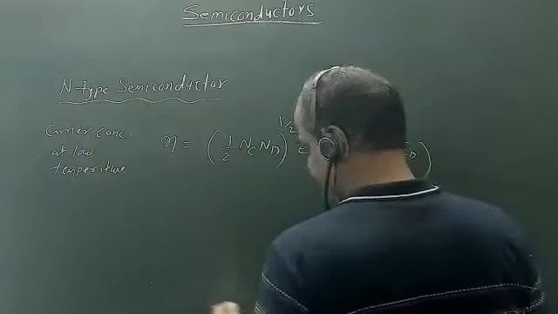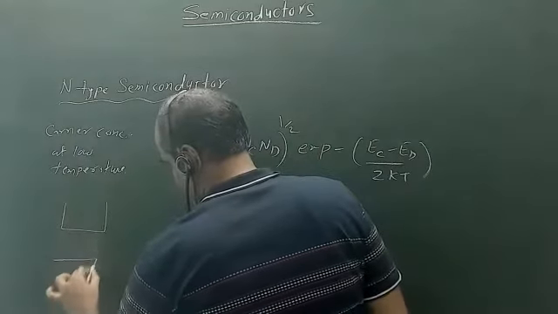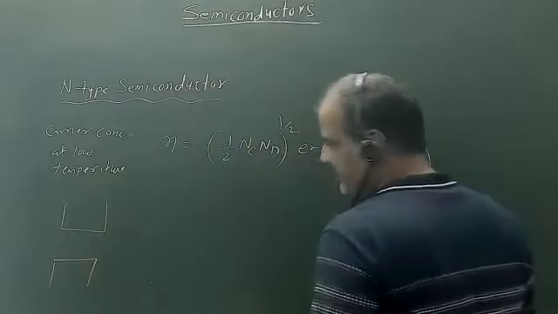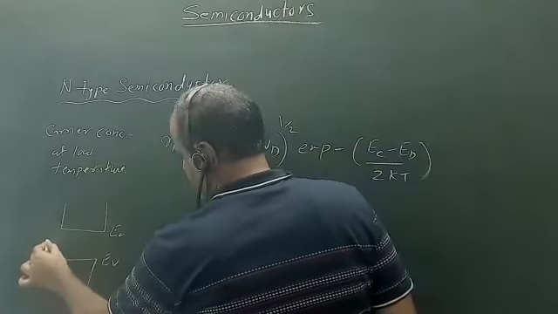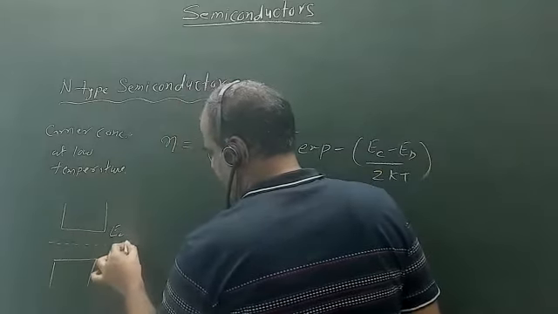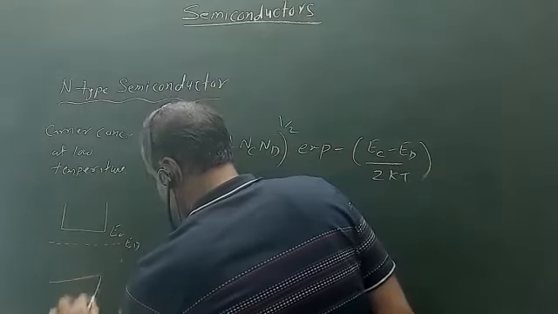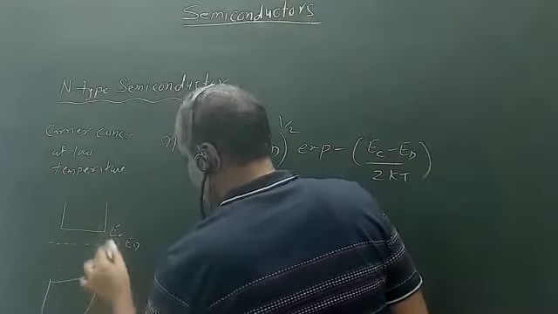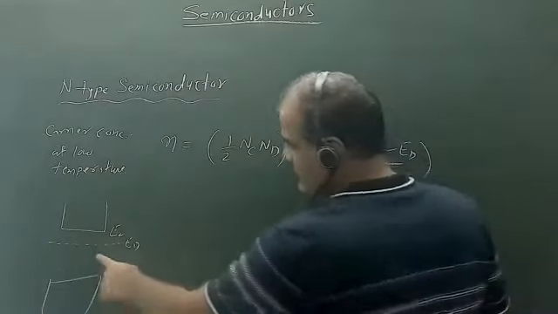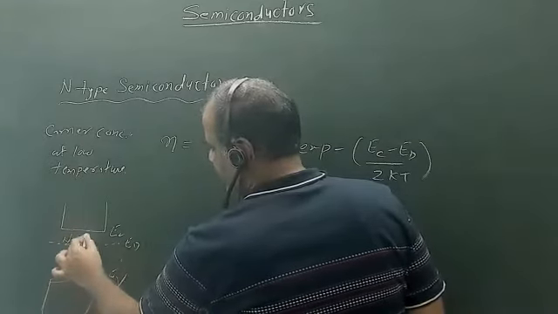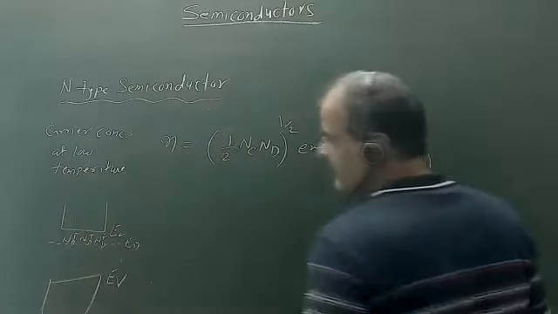And we also know that at moderate temperatures, or around room temperature, this is my Ec, this is the Ev, and here I have this donor level. So at moderate temperatures, all these donors sitting here will get ionized and reach the conduction band.